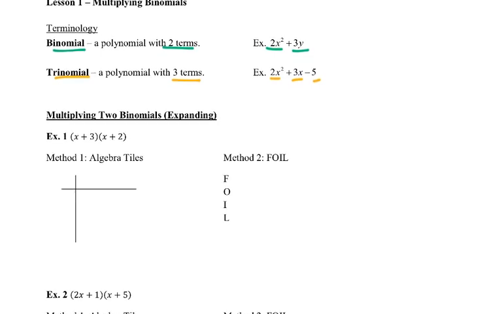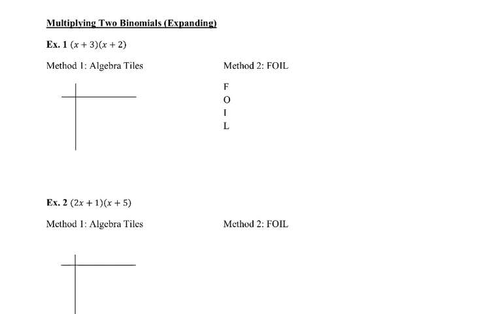So the first thing we're going to look at is multiplying two binomials, or another way of saying that is expanding. The first method we're going to look at is how to do this via algebra tiles. Through using algebra tiles, we want to put our first term in the top part of our algebra tile grid.